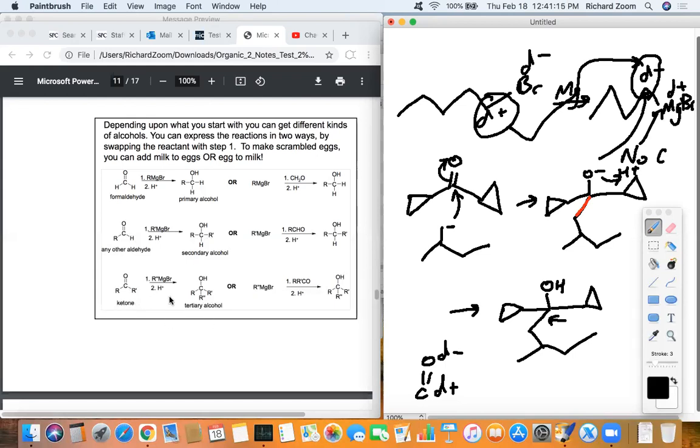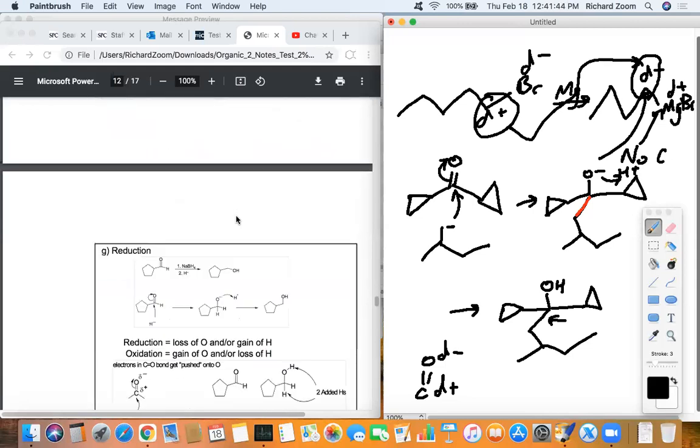And if we use a ketone, then the product is a tertiary alcohol, which has 3 groups connected to the C with the OH. Do you have to know any of this? Not really, no, but I'm just pointing this out. If you want a specific kind of alcohol, then you can use different kinds of aldehydes or ketones in order to get to that point. Does anybody have any questions? Okay.